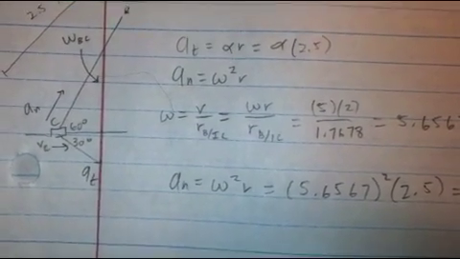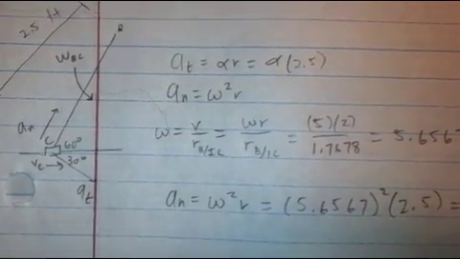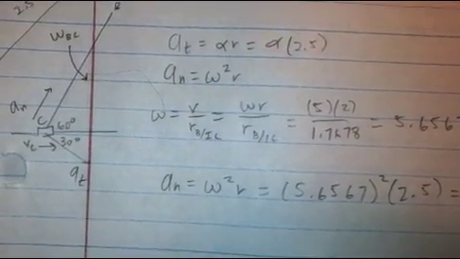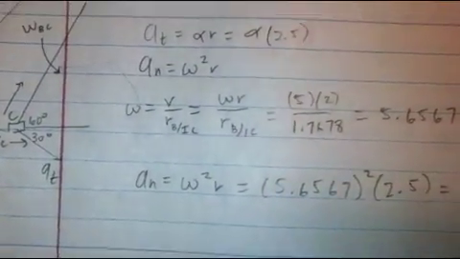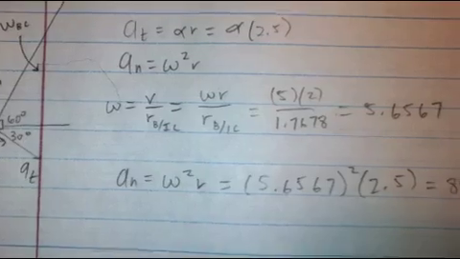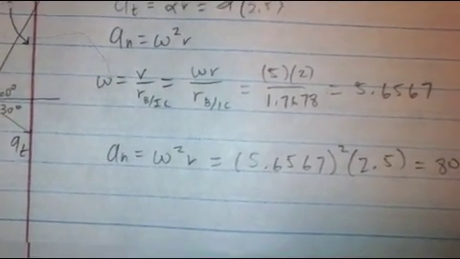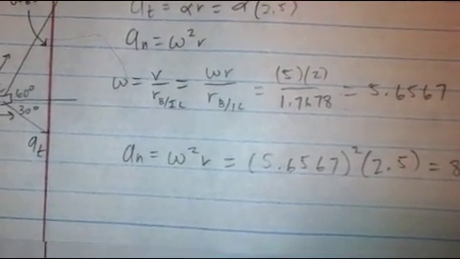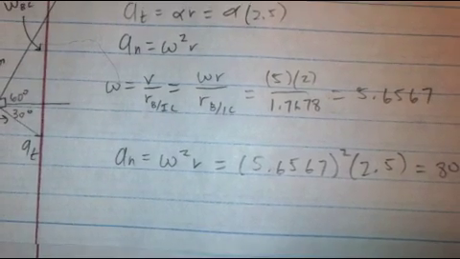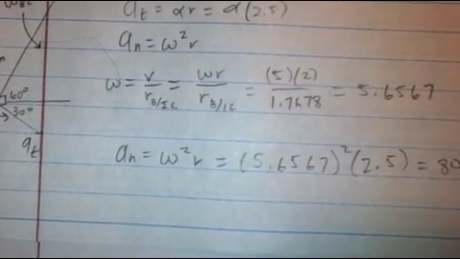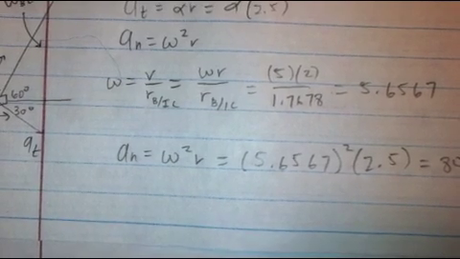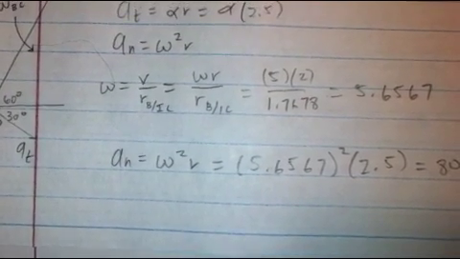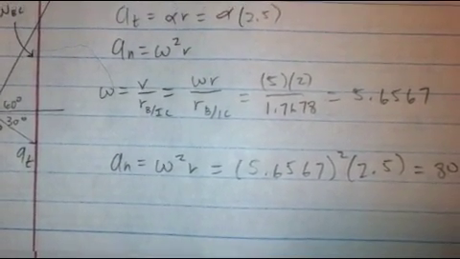And omega, however, we have to figure out a couple more things. We use V equals omega r. Omega is 5, r is 2, and so the velocity is 10 at this instant, because AB and BC are connected at point B, a pin joint.